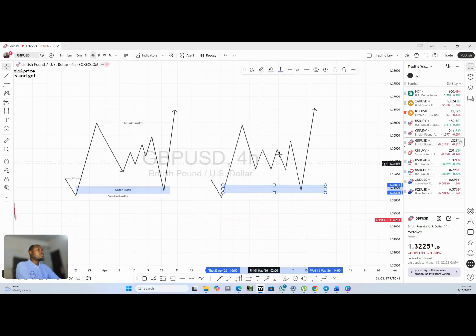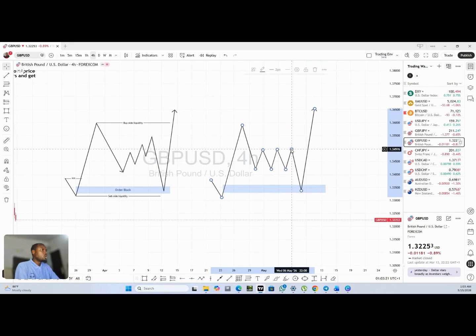So this type of liquidity, we call it equal high or equal low. Because of this equal high, there are some strategies that call it double bottom or double top. Okay, double top and double bottom. But in ICT, we call this equal highs or equal lows.